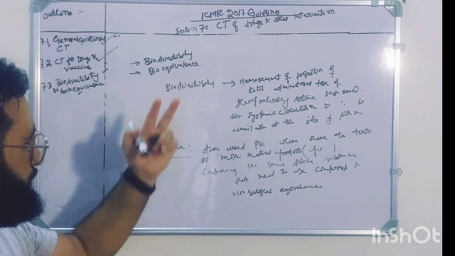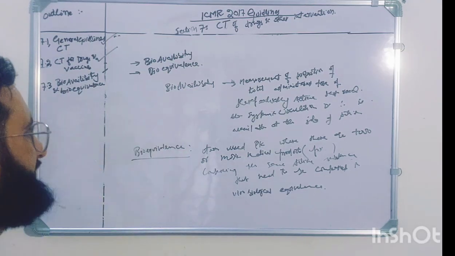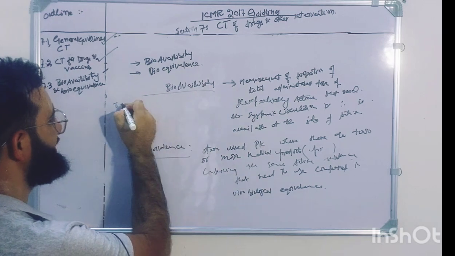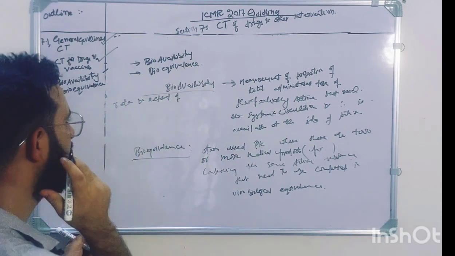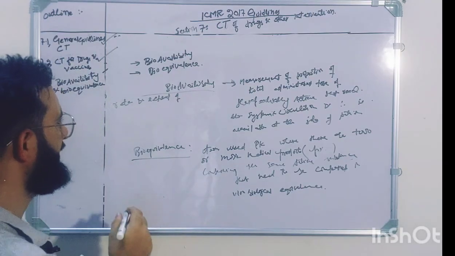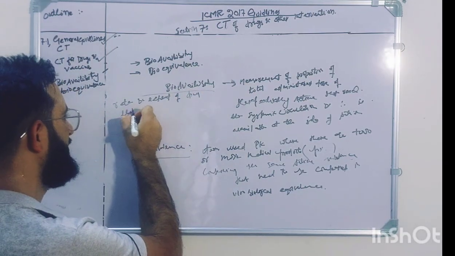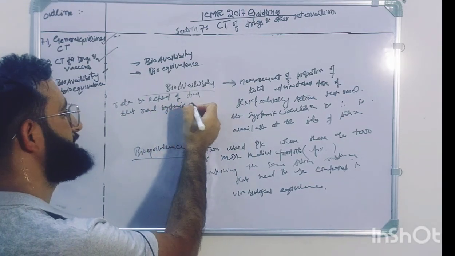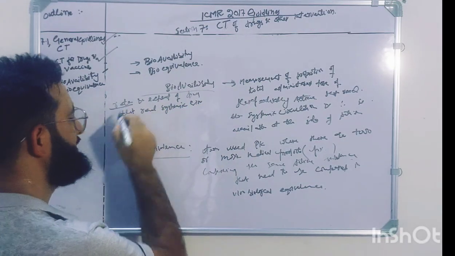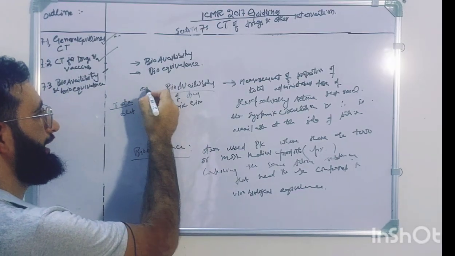But for definition, if we give a simple definition, bioavailability is the rate and extent of a drug that reaches the systemic circulation. Rate defines the time, and extent is the amount, how much.